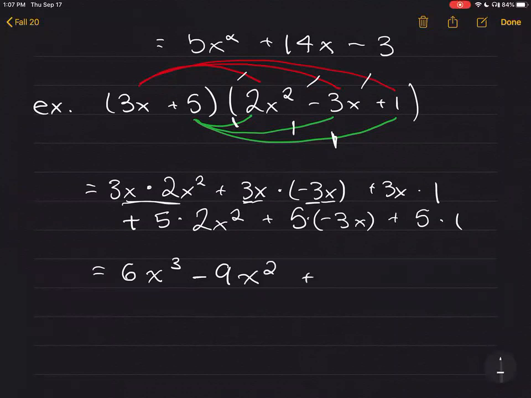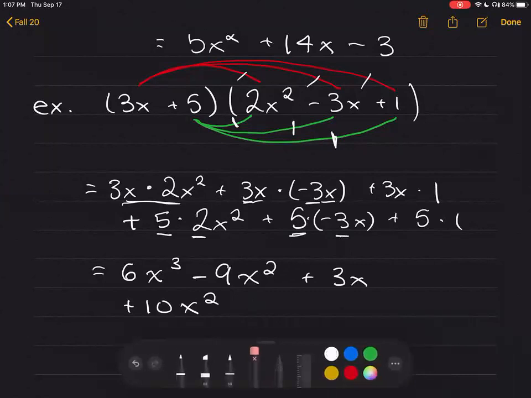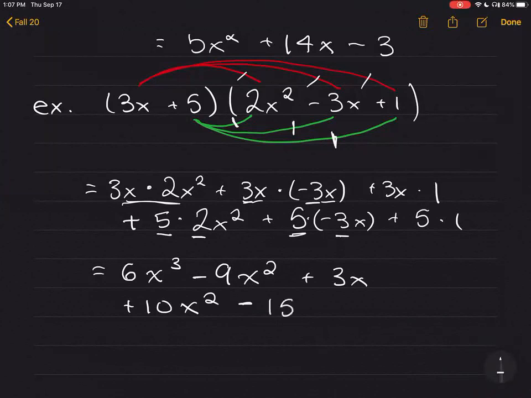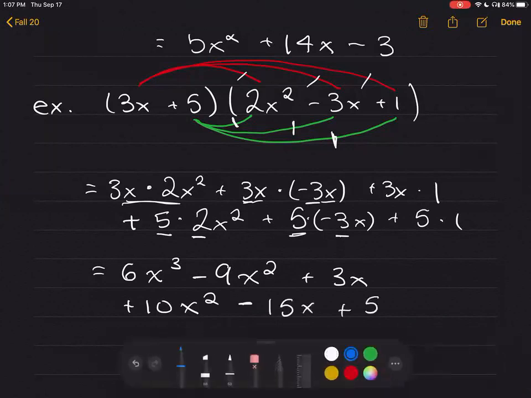Then we have 3x times 1 is just 3x, plus, and then 5 times 2 is 10, x squared, plus 5 times negative 3. I'm doing this every single time, but it is negative 15x, plus, and then 5 times 1 is 5. Now, we combine like terms.